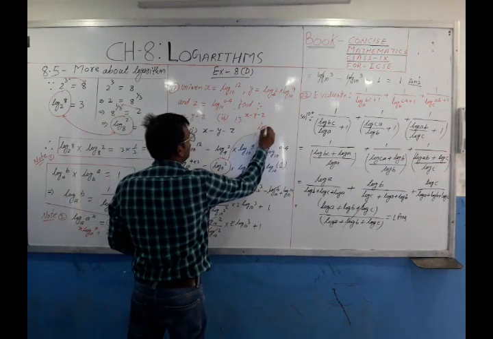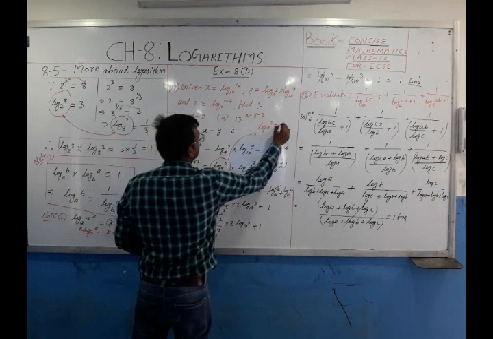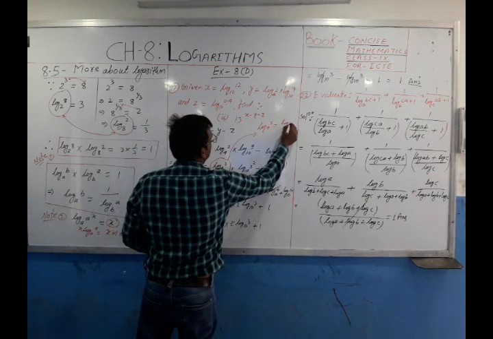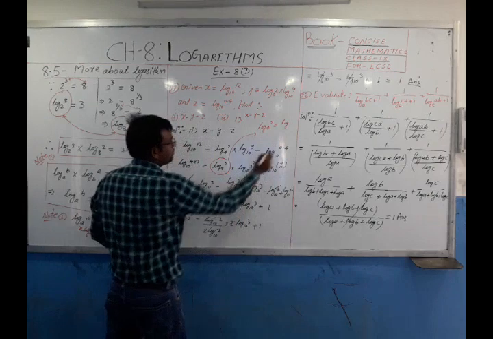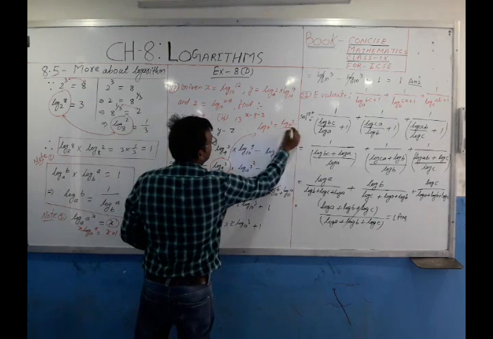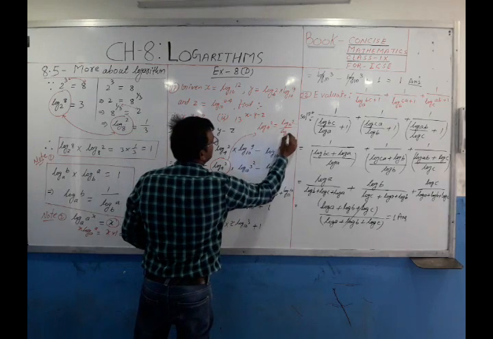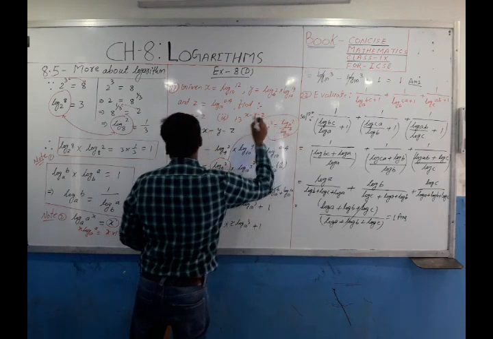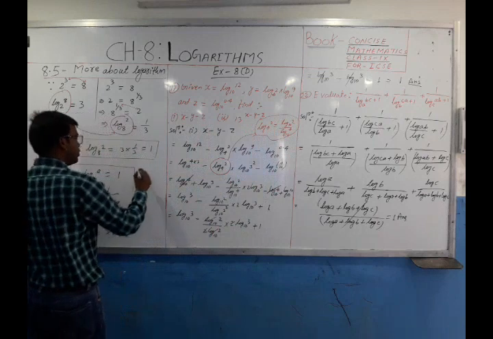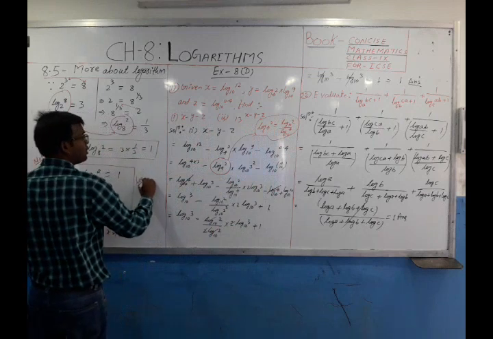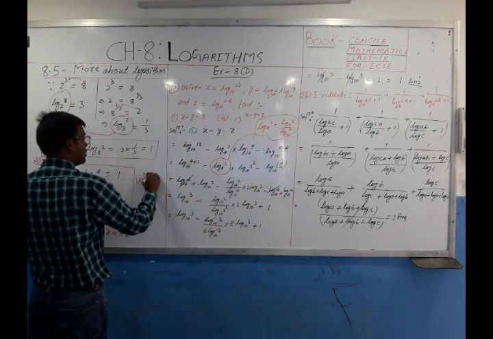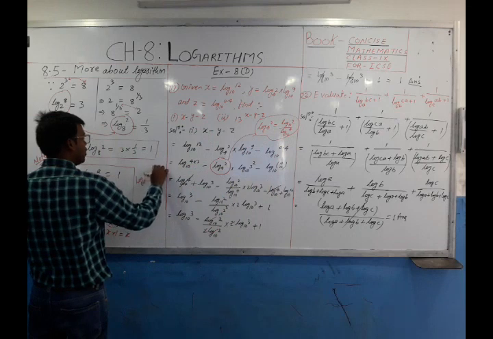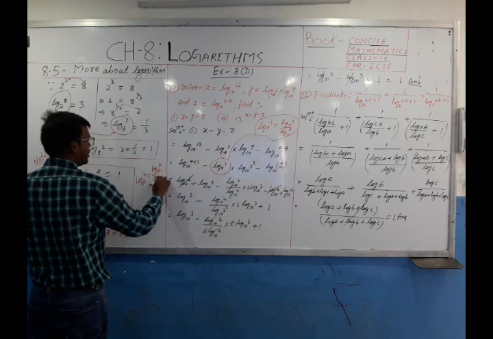as log 4 base to the power 2 is equal to log base 10 2 divided by log base 10 to the power 4. This is another formula. So also make a note for this one: log a to the power b is equal to log base 10 to the power b divided by log base 10 to the power a.